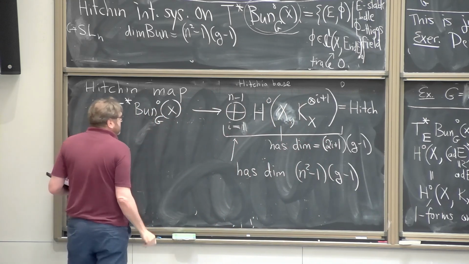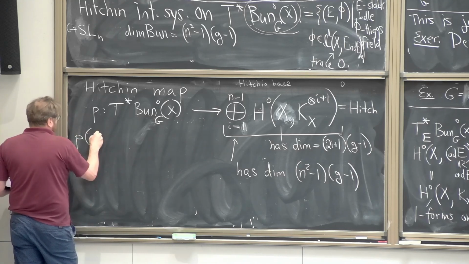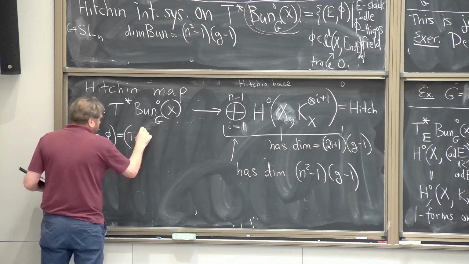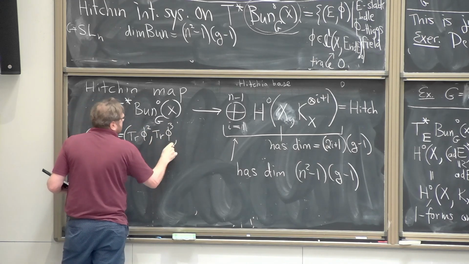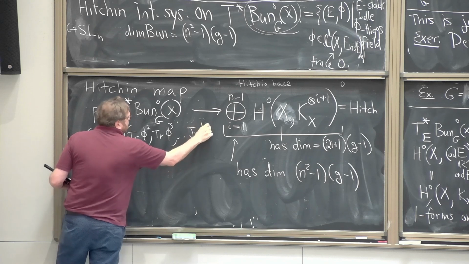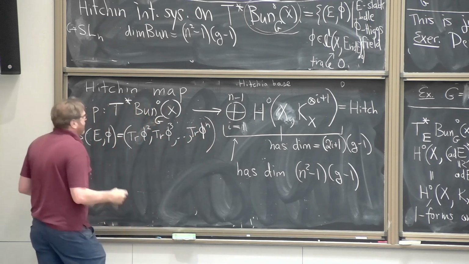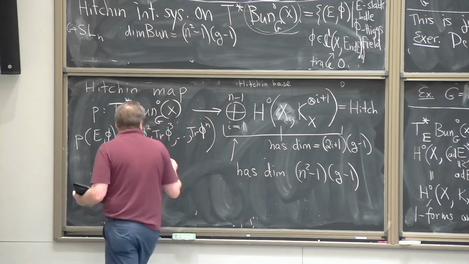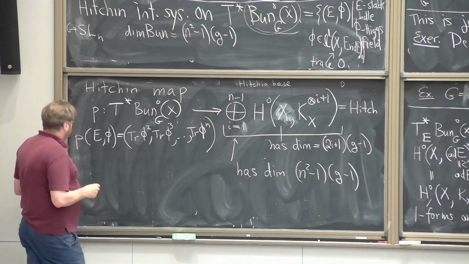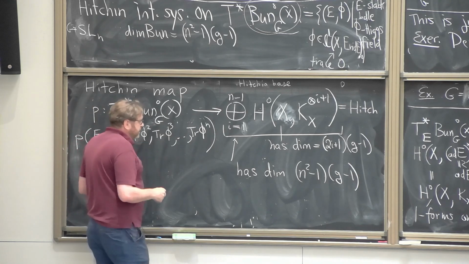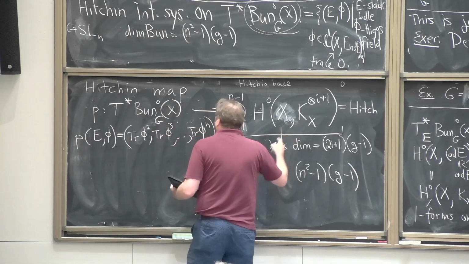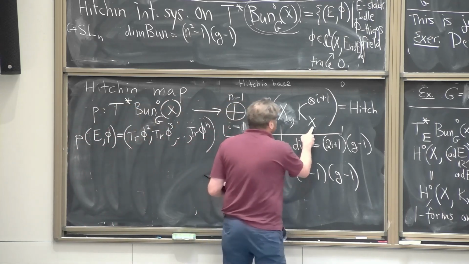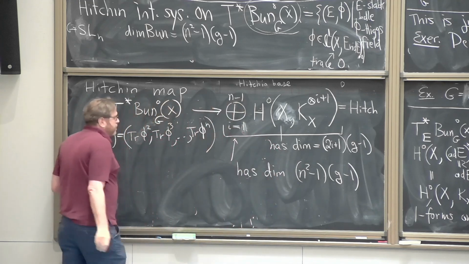And the map is given by the following: p of (E, phi) is equal to trace of phi squared, trace of phi cubed, up to trace of phi to the n. Note that since phi is a one-form, trace of phi squared is a quadratic differential, trace of phi cubed is a cubic differential, and so on.